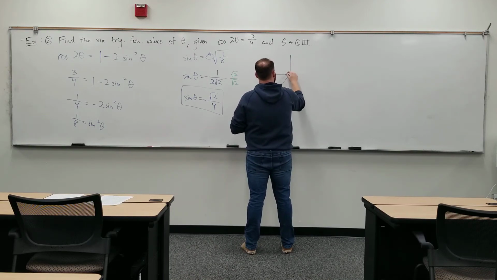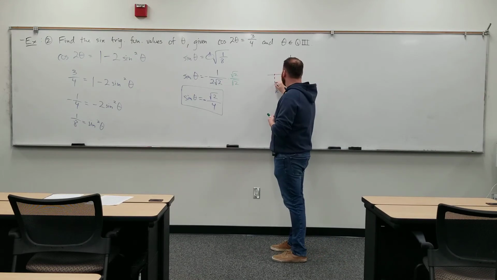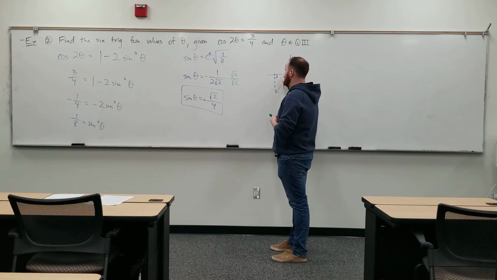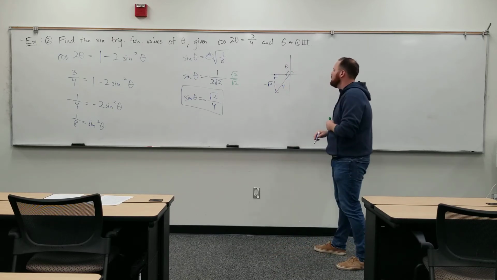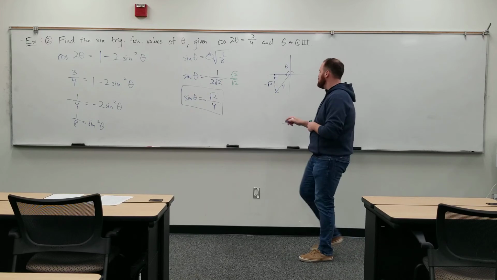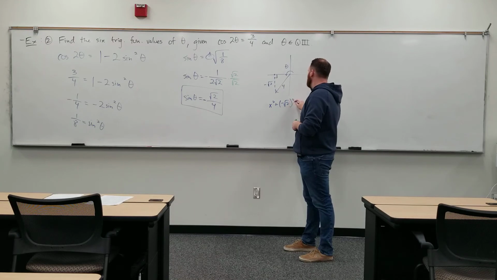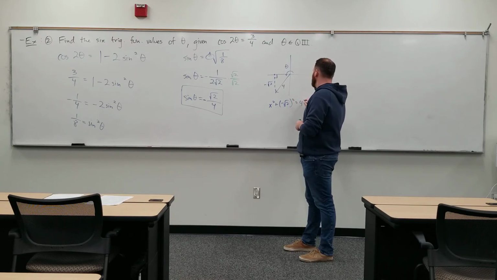Okay, so I've got theta in quadrant 3. Sine theta is going to be opposite over hypotenuse. Now I can use the Pythagorean theorem to solve for the missing side. So I can say x squared plus y squared equals r squared.